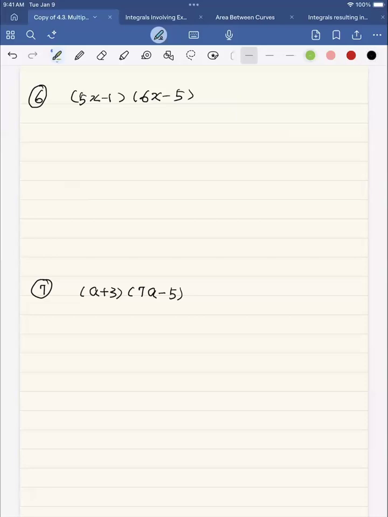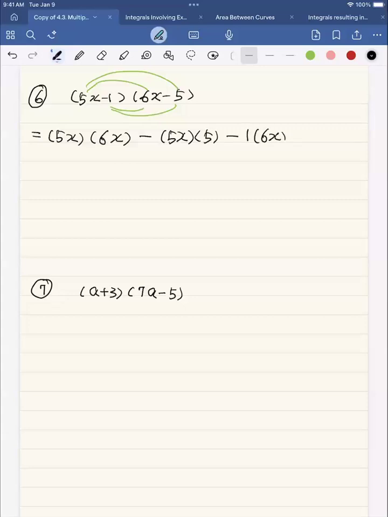Let's do a similar problem. We do distribution like this. Then that'll be 5x times 6x minus 5x times 5 minus 1 times 6x minus 1 times minus 5.